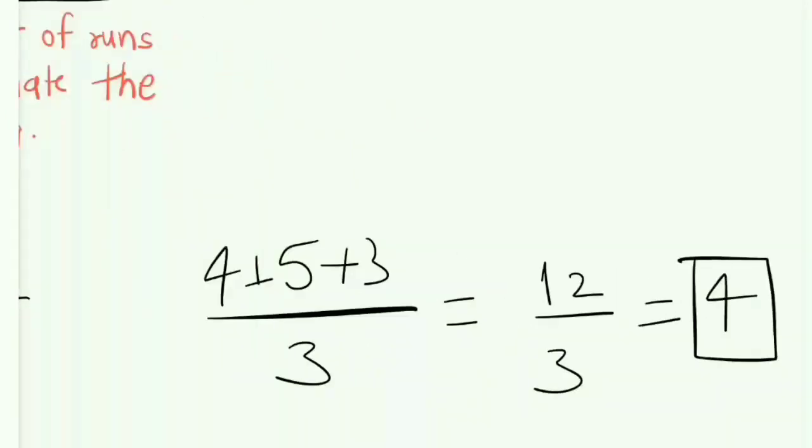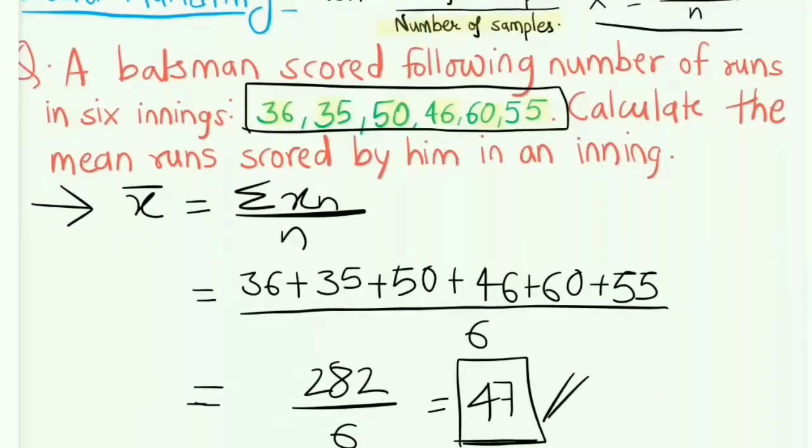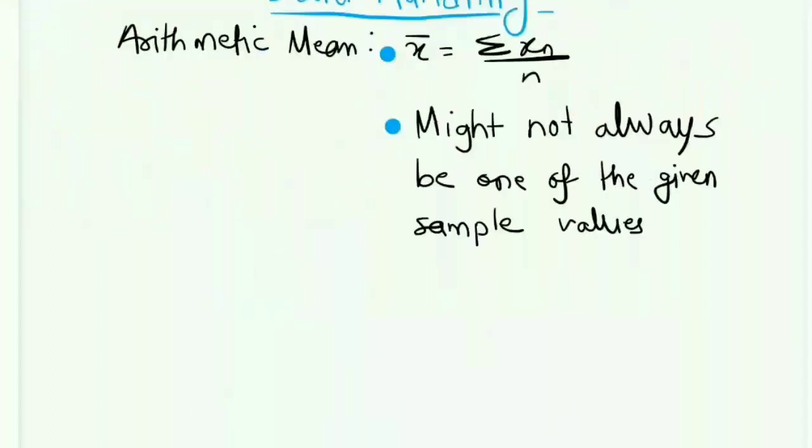So this average was one of the sample values. But in this case, the average number was not one of the sample values. So what we can say is, the average or arithmetic mean may not always be one of the sample points. So these are the 2 points we learned about arithmetic mean.